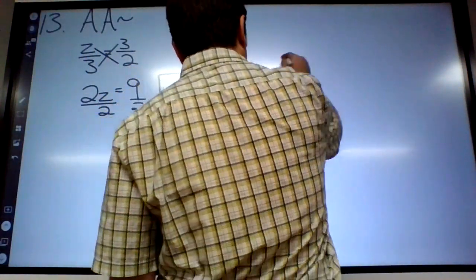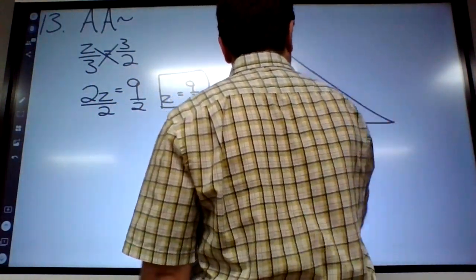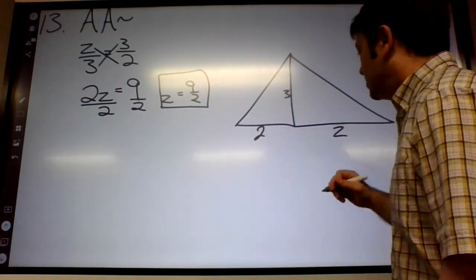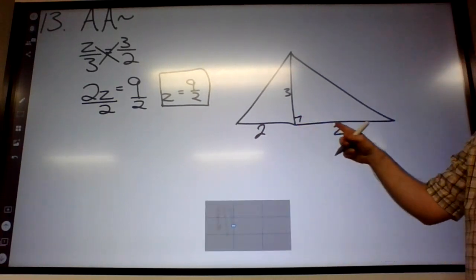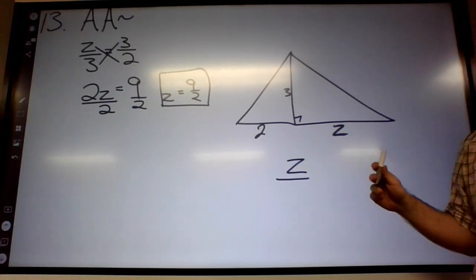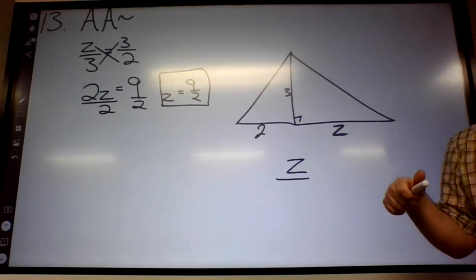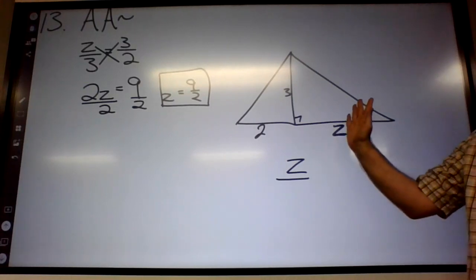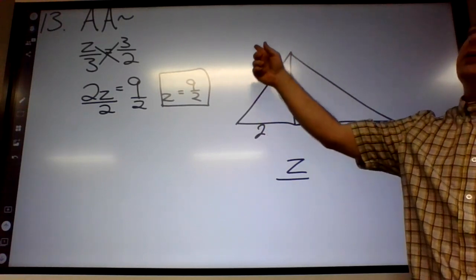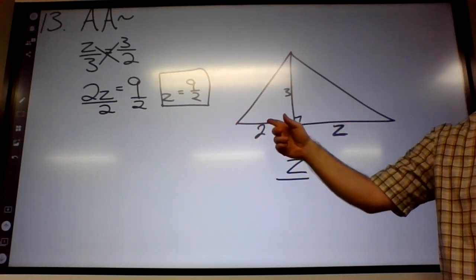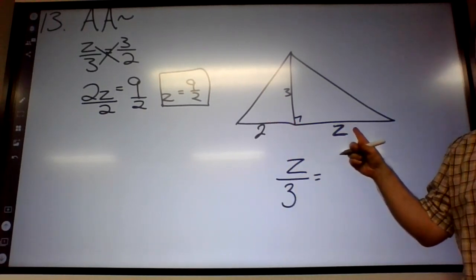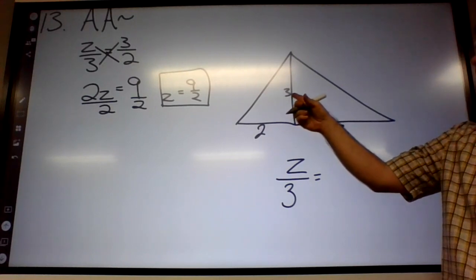It is confusing because the big triangle and the little triangle both have this side, and that makes it confusing. So what I did first was I said, Z is what we're looking for in the big triangle, and it goes with what in the little triangle? Okay, see how this triangle is like lying down on its back? So which side is like the back on this triangle? It would be 3. Yes. Okay, so 3 is a side on the big triangle too, so that makes it confusing.